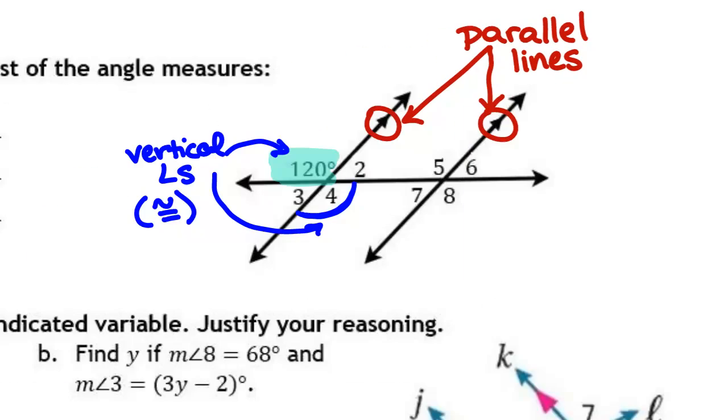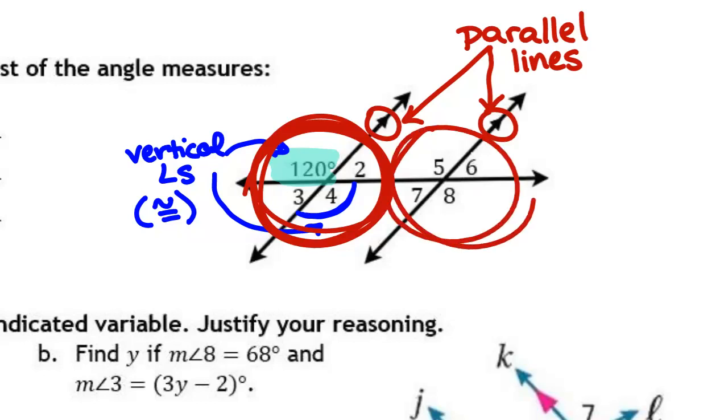And when we know we have parallel lines, we can make relationships between two intersections. So I'm going to be looking over here and comparing it to angles over here. And I should be able to find two angles over here that are also 120 degrees. Which other angles are also 120 degrees?